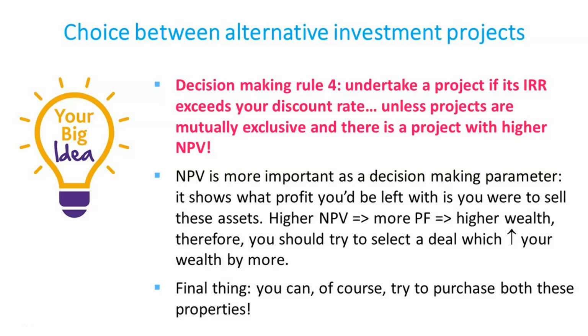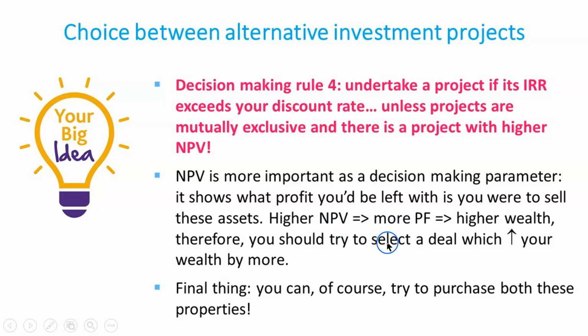So generally, you undertake a project if its internal rate of return is greater than your discount rate, unless there is another project with much higher net present value. Net present value shows how much wealthier you will become as a result of this investment project. It doesn't really matter what the internal rate of return is, even if it's lower, as long as it's higher than your discount rate, go for the project with a high net present value.